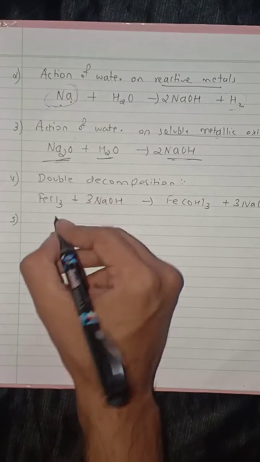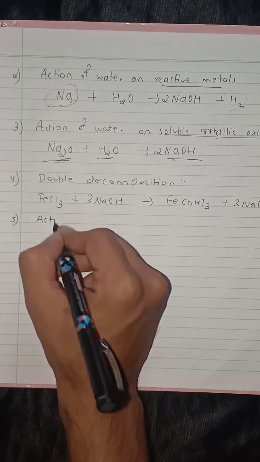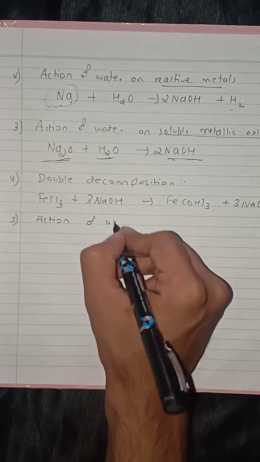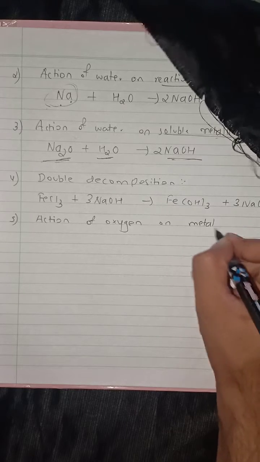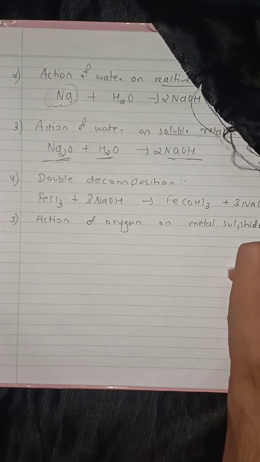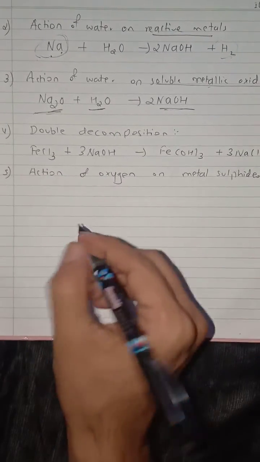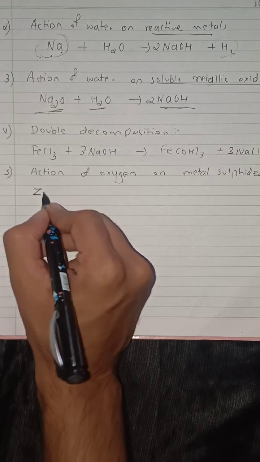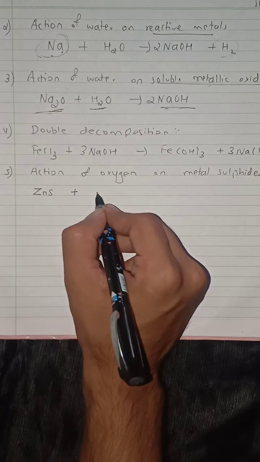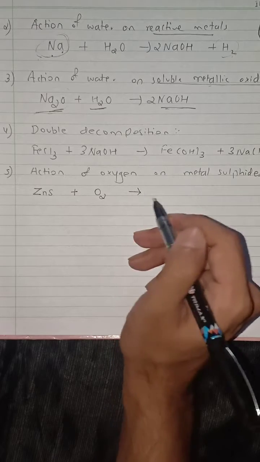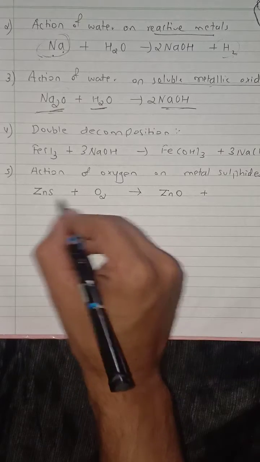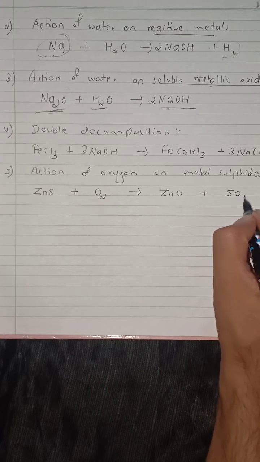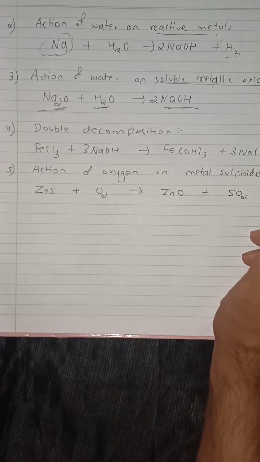If I take the action of oxygen on metal sulfides, a metal sulfide like ZnS, and make it react with oxygen, it is going to form ZnO, and sulfur gas will get released.